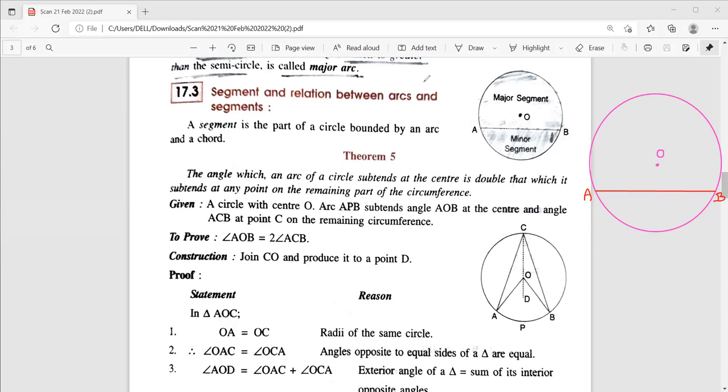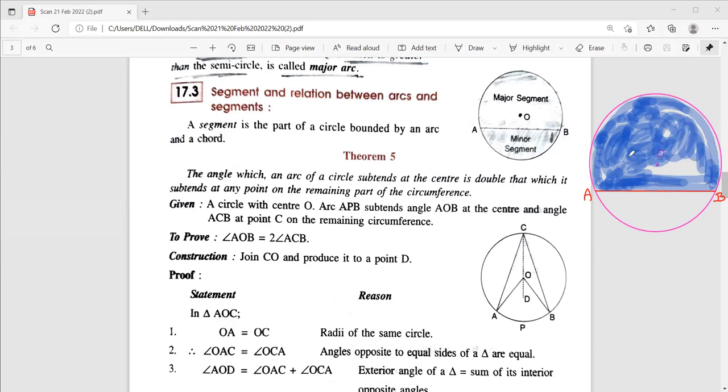So here now I will go for two segments which I have here. See, this is one segment. You can check this is one segment because a segment is the part which is bounded by arc. So see, this is the arc, and the chord. You can check AB is the chord.